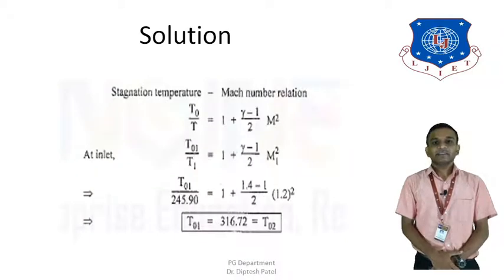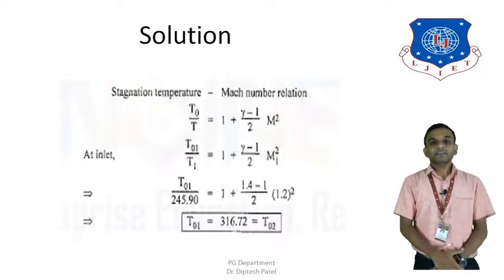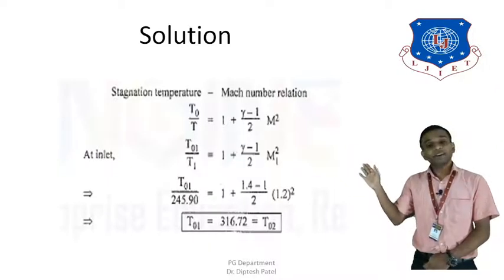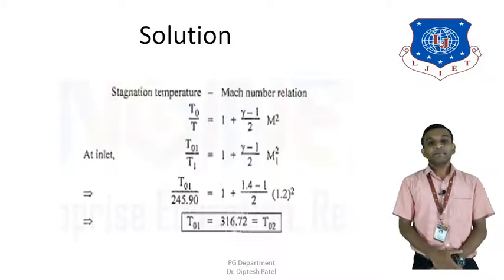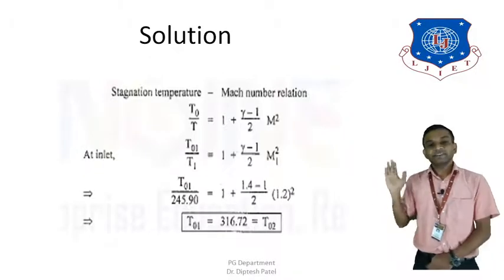Then after, now we are going to use the Mach number relations. So for the stagnation temperature, T0 upon T is equal to 1 plus (gamma minus 1) upon 2 M square. Now these are the relations that we have derived in chapter 1. So for the inlet I can write T01 divided by T1 is equal to 1 plus (gamma minus 1) upon 2 M1 square. So therefore T01 is equal to 316.72.